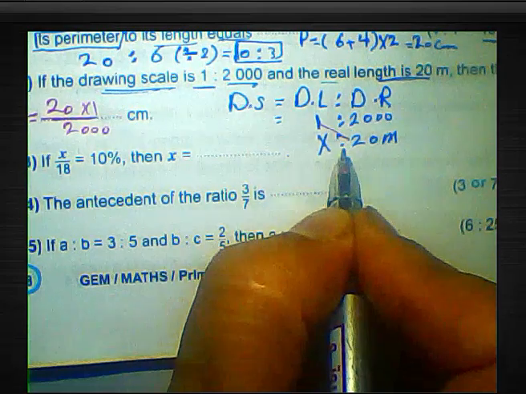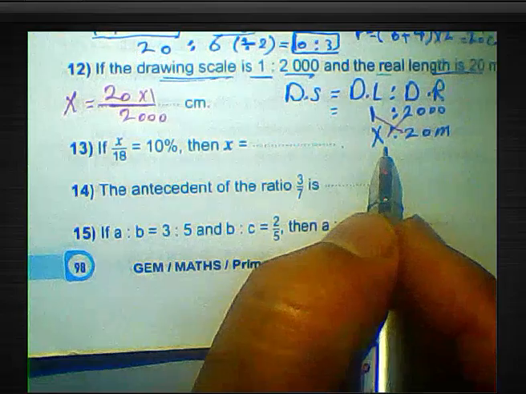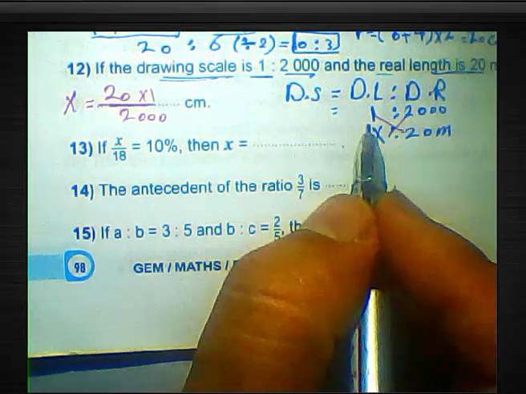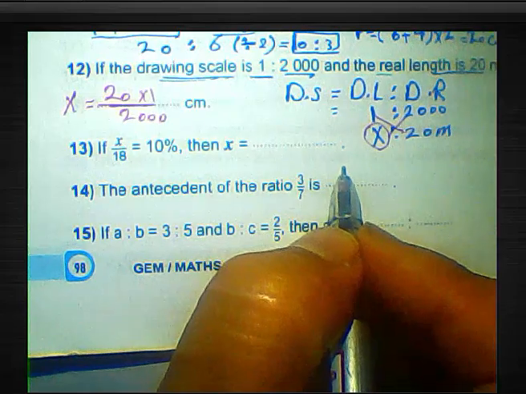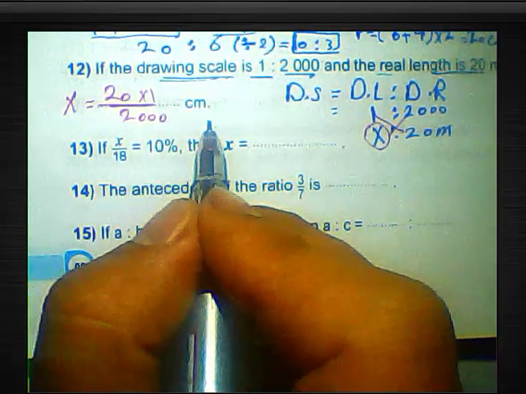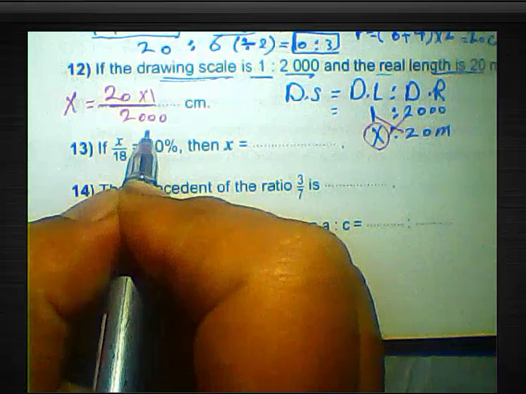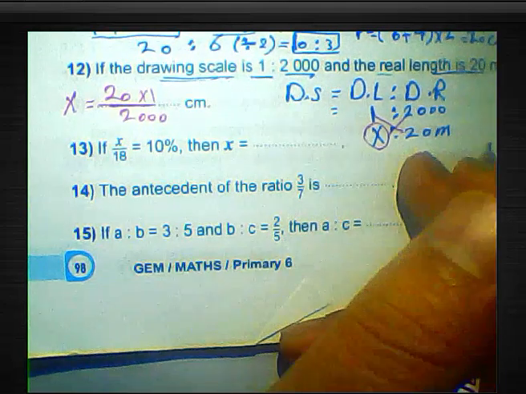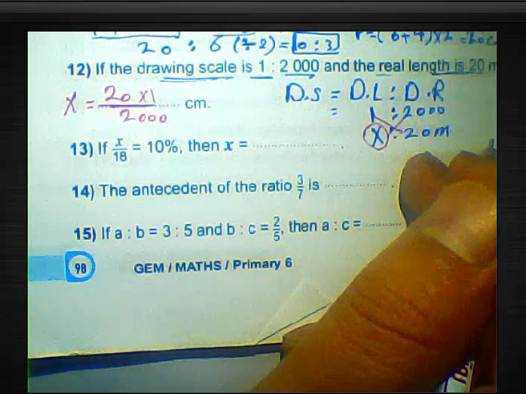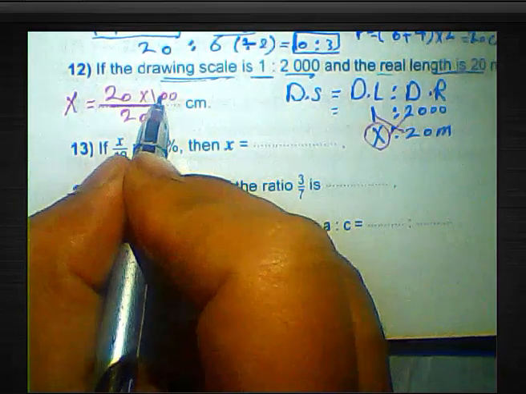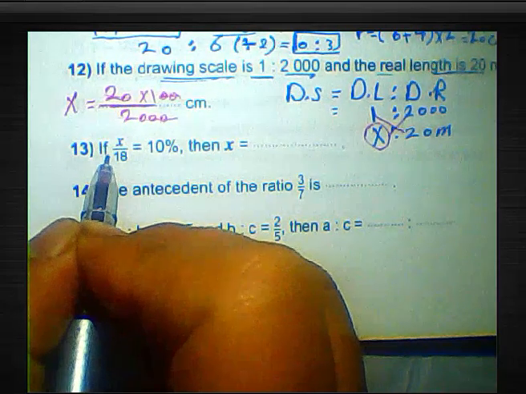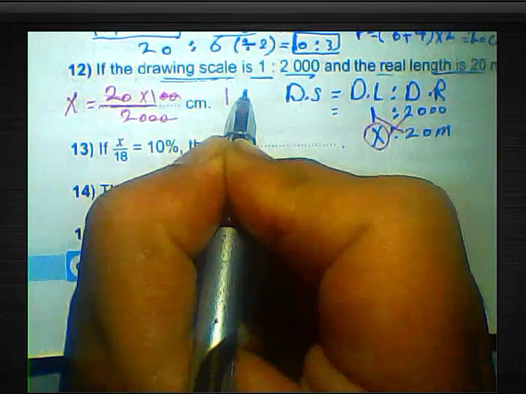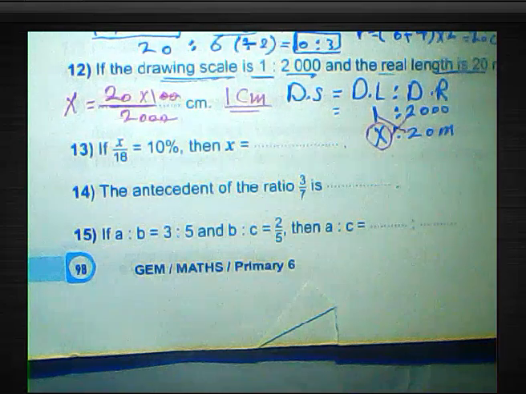So 1 times 20 divided by 2000 gives the drawing length, which I refer to by x, the unknown. We convert from meter to centimeter by multiplying by 100. So we can cancel the double zero by the double zero, and 20 divided by 20 equals 1. So the result will be 1 centimeter.